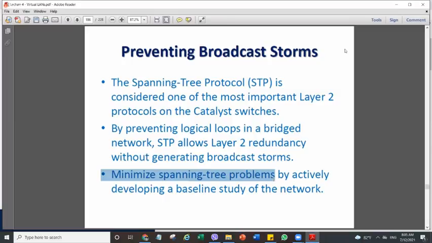Setting the priorities is a very good improvement, because at the very beginning, every switch has the same priority, right? Then the MAC address is used to find out the root bridge. So it is very much ineffective.